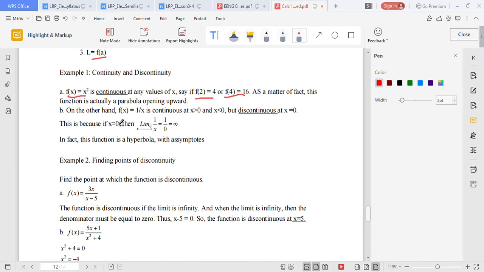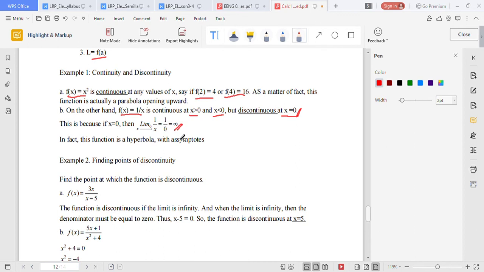On the other hand, f of x equals 1 over x is continuous at x greater than 0 and x less than 0. But this is discontinuous at x equal to 0. Why? Because if we get the limit of 1 over x as x approaches 0, then the answer will be infinity.